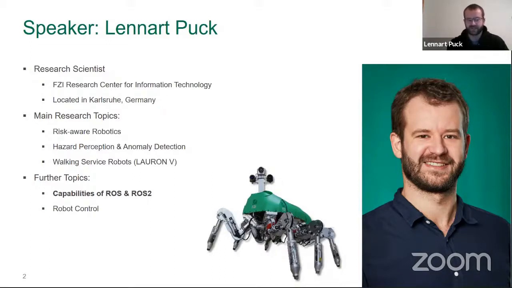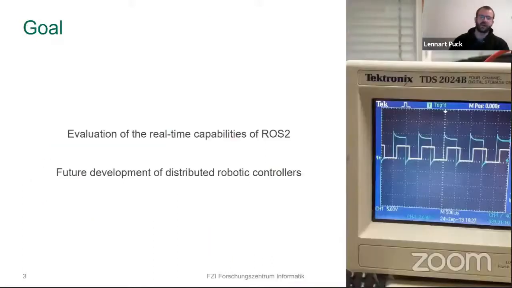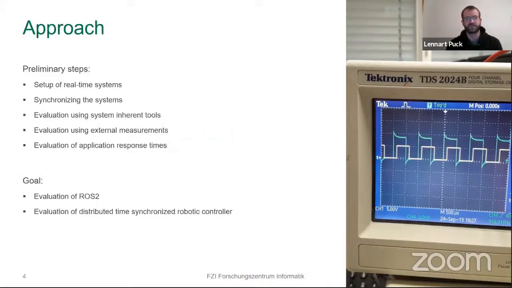But today at ROS-I, I will talk about the capabilities of ROS and ROS2 especially, and how it might be used in robot control later on. The goal of our study was an evaluation of the real-time capabilities of ROS2 for the future development of a distributed robotic controller. Today I'm going to talk about the preliminary steps.